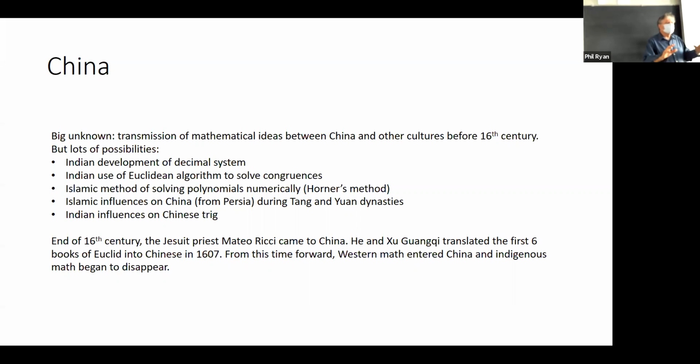So the idea is, it's obvious that maybe there wasn't a book that went from one culture to another, and so they copied that thing directly. But ideas might have crossed and said, oh, you can use your Euclidean algorithm, and so they maybe knew about that was done there, and maybe they did something similar over there.